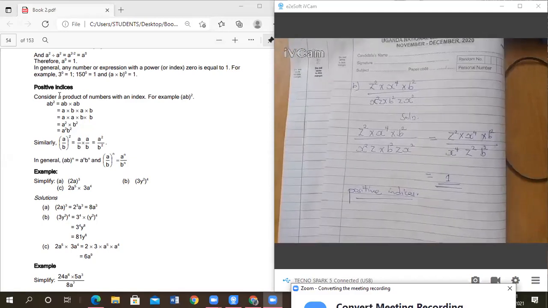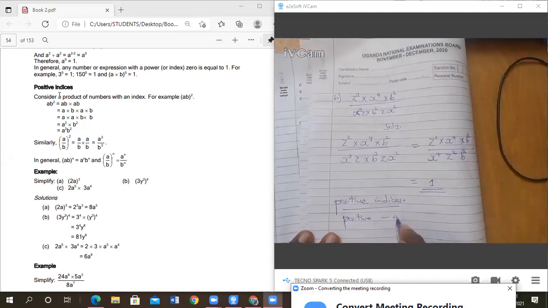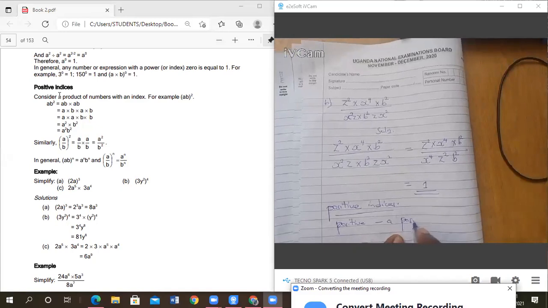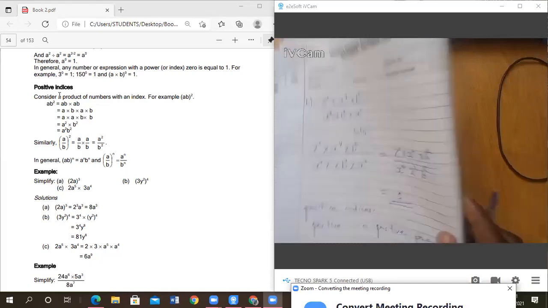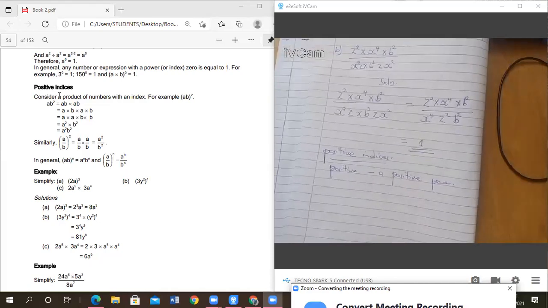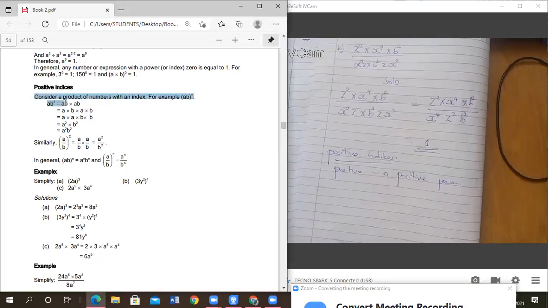When we talk of positive indices, it means we are dealing with numbers with a positive power. We are dealing with positive what? Powers. So consider the product of numbers with an index.